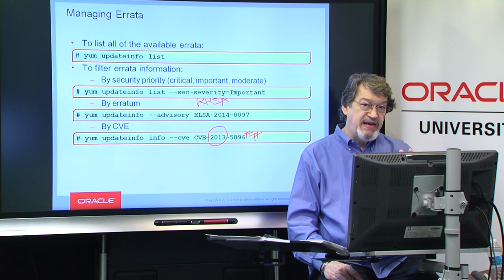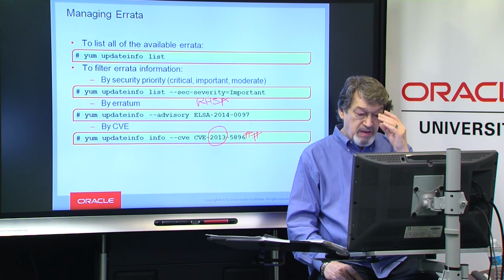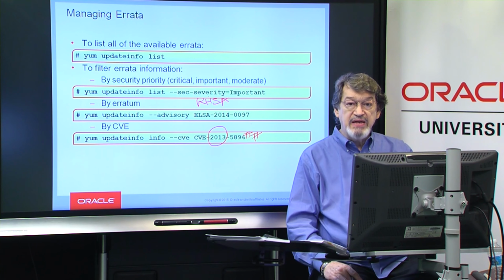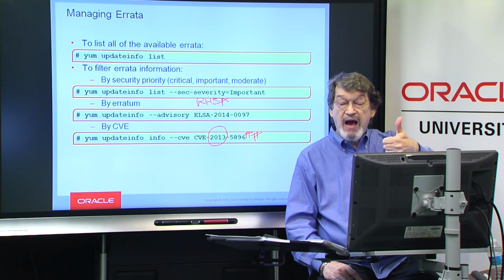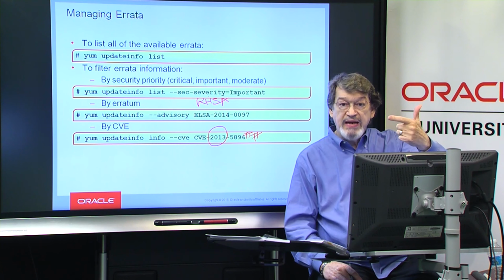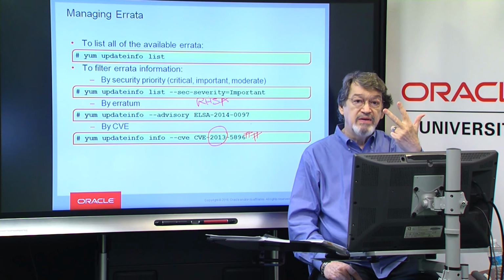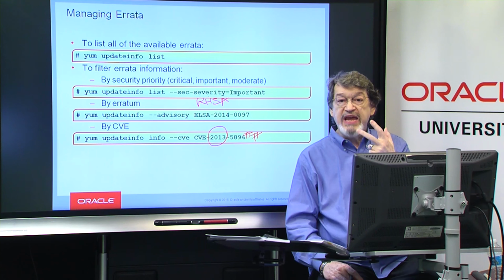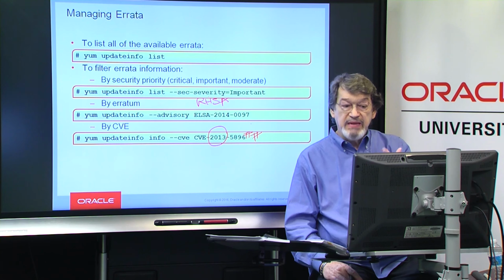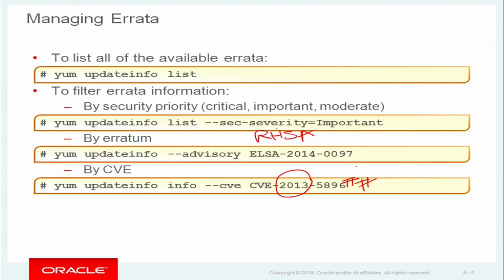Now, at that same time, MITRE Corp recognized IBM, Red Hat, and Oracle as stakeholders in the CVEs for Linux. And so all three of us now have the possibility of generating a CVE.